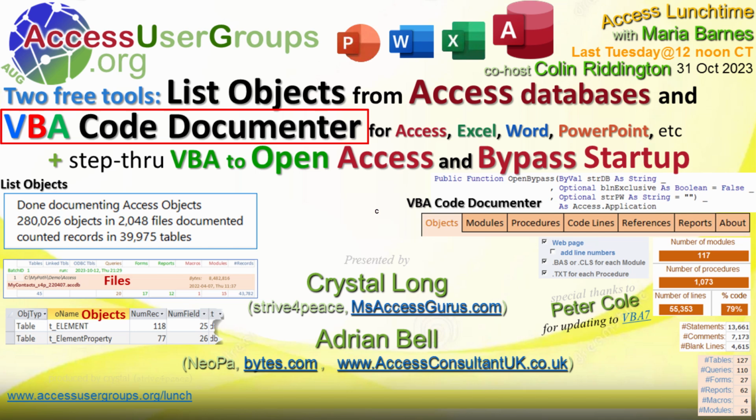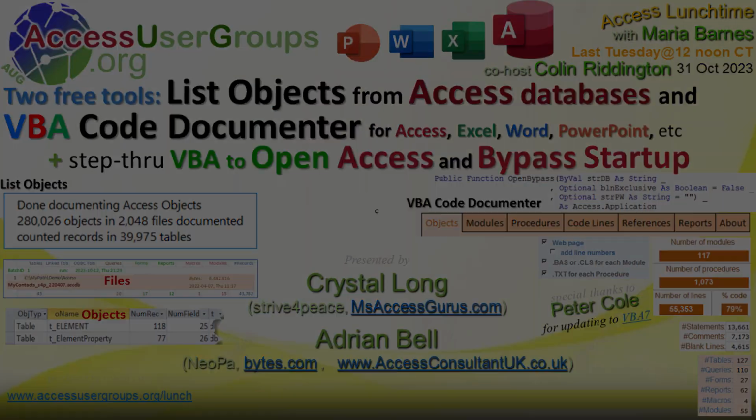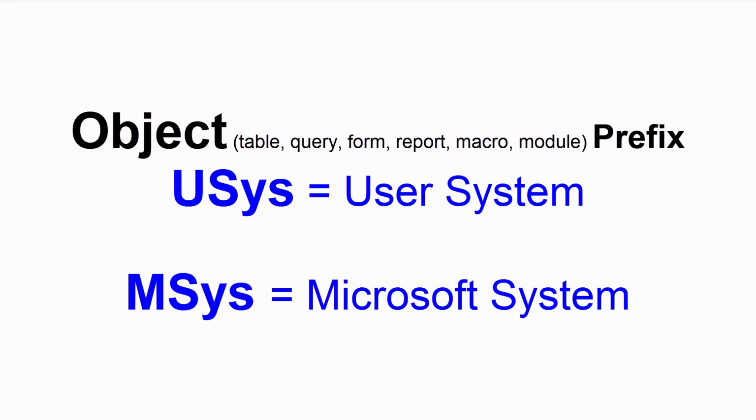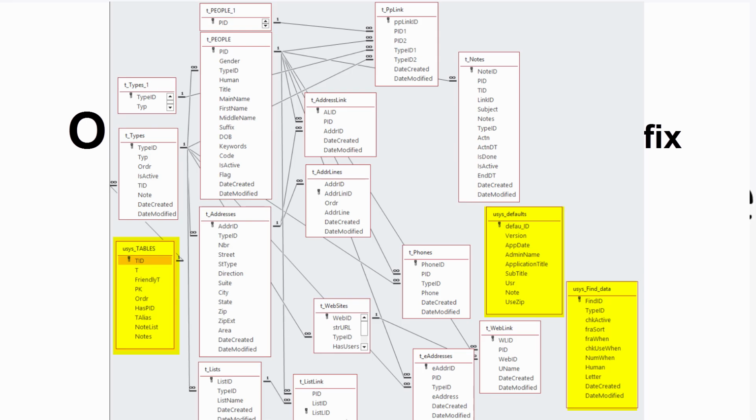A lot of times important stuff you need to do is in macros. There are two types of system tables. Usys is user system, and I sometimes do preface things with Usys if I don't want them to show up. But I found with the tools I'm releasing, because I did do some Usys tables in some of the earlier tools I released, people just weren't finding those things.